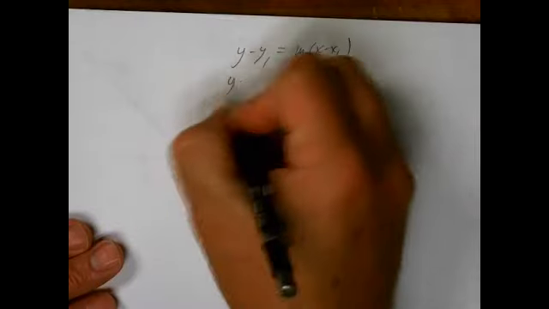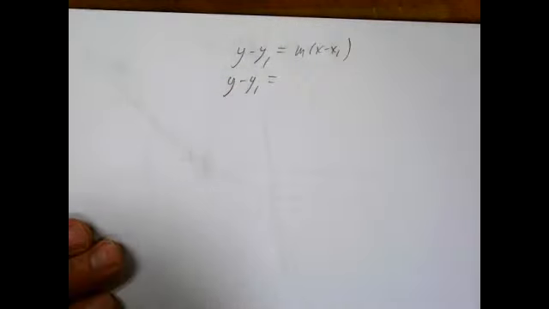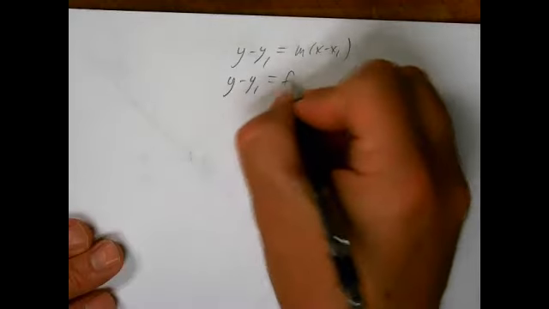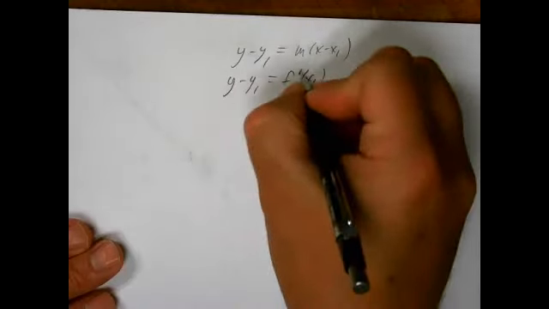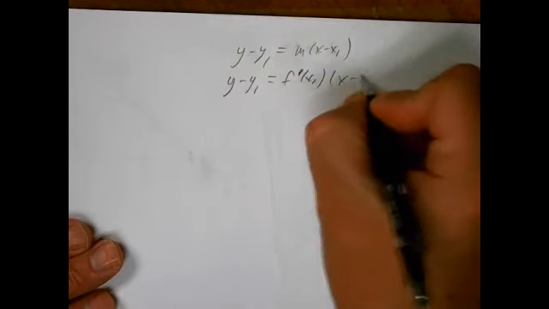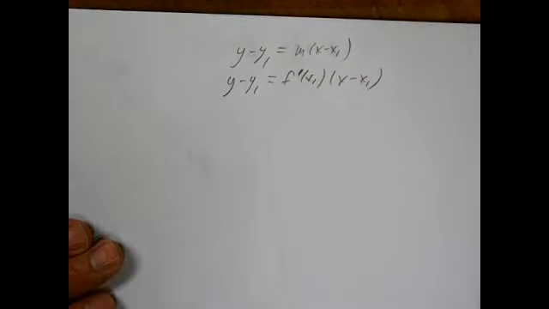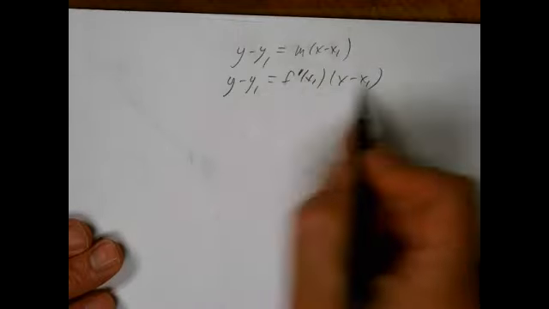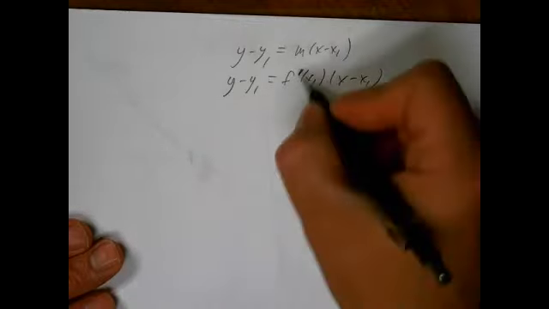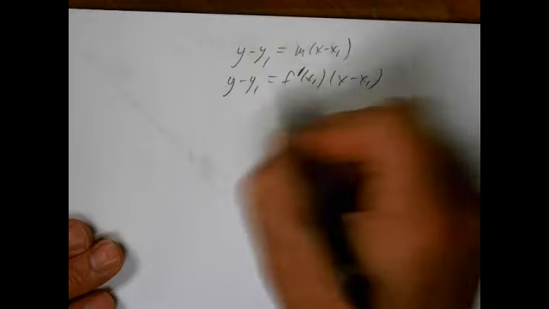Instead of calling the slope m, we're going to call it f prime of x1, because that's how you find the slope of the tangent line: you take the derivative of the function at that x value. So this would be the equation of the tangent line to a function at a point.